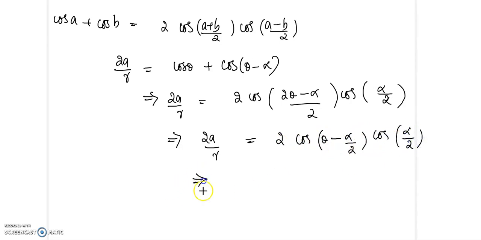So therefore this can be rewritten, any 2 will cancel off here. So therefore we will get r equal to a sec alpha by 2 into sec of theta minus alpha by 2.